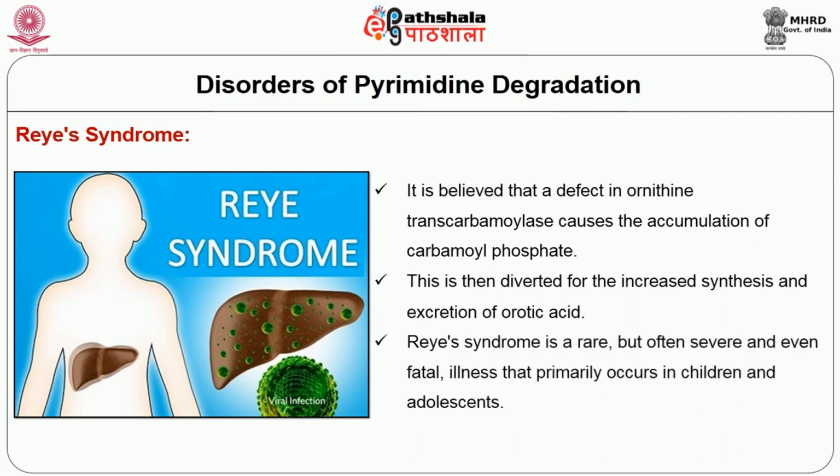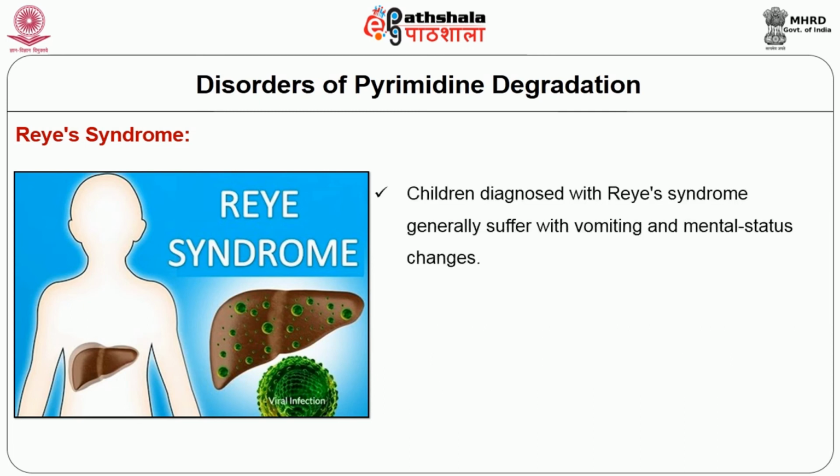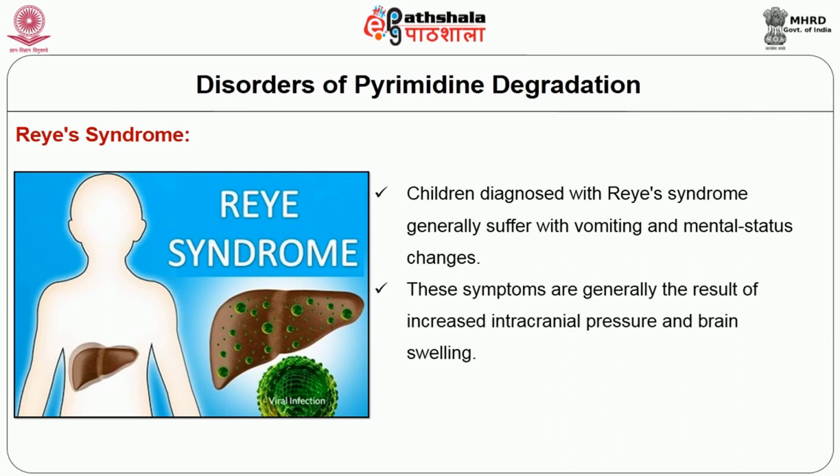Reye's syndrome is a rare but often severe and even fatal illness that primarily occurs in children and adolescents. Children diagnosed with Reye's syndrome generally suffer with excessive vomiting and mental status changes. These symptoms are generally the results of increased intracranial pressure and brain swelling.